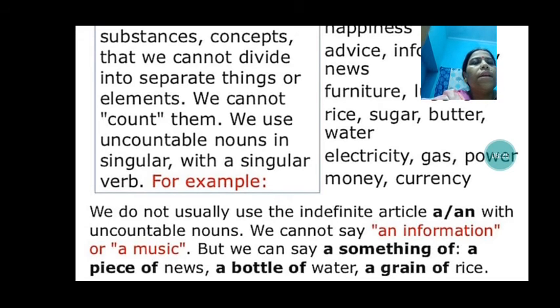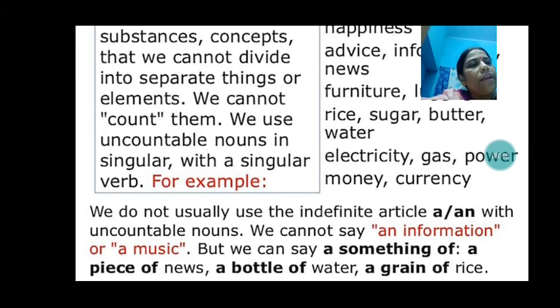We do not usually use the indefinite article a or an with uncountable nouns. So the indefinite articles a or an we don't use with the uncountable nouns. We cannot say an information or a music, but we can say a piece of news. So here news is uncountable noun.